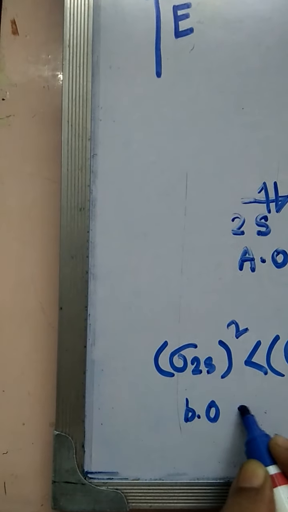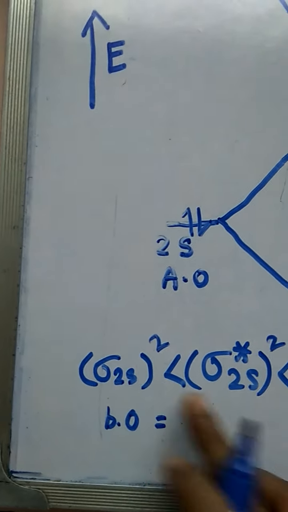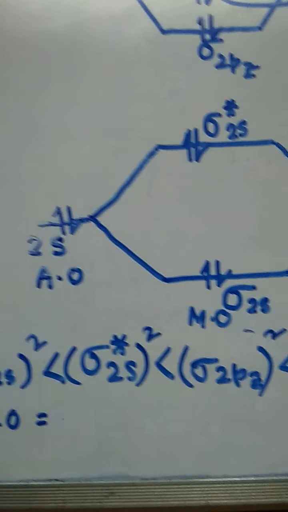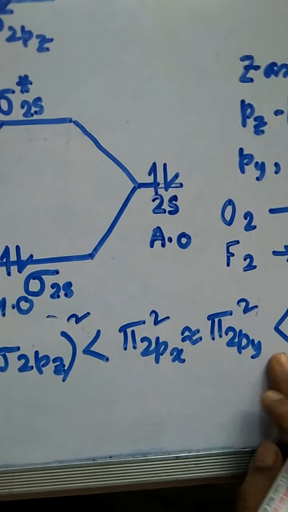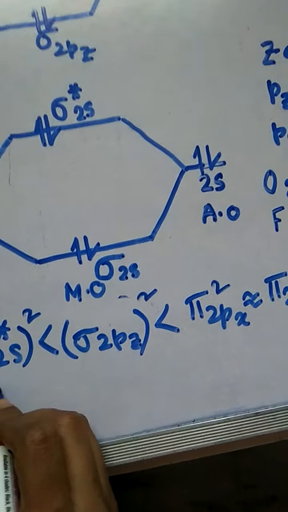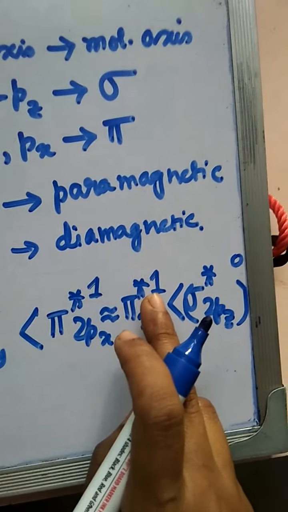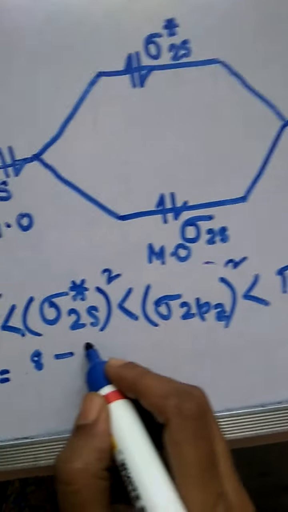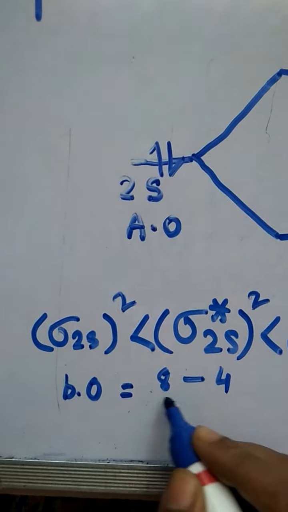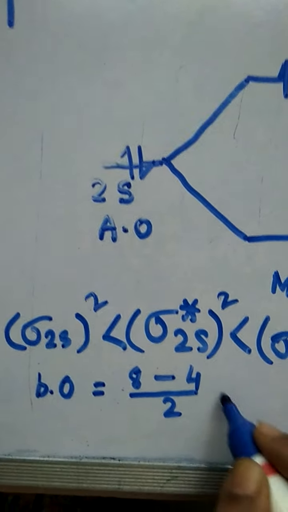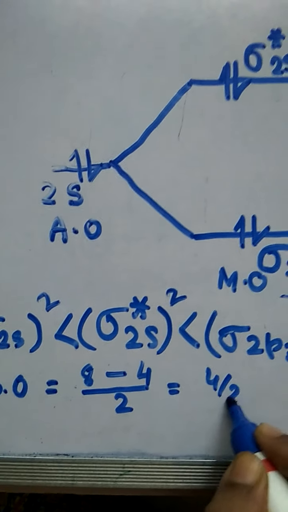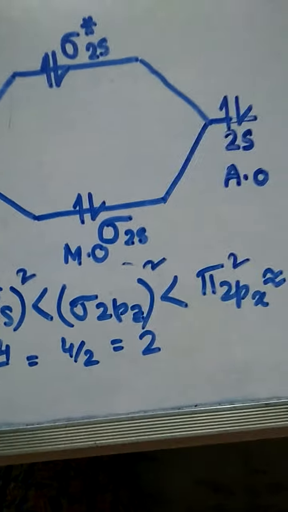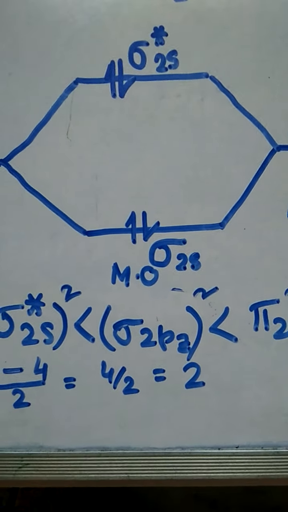Bond order for oxygen will be equal to 2, 4, 5, 6, 7, 8, 8 minus 2 in antibonding, and these 2 are also in antibonding. So 2 plus 2, 4. That means 8 minus 4 divided by 2, that is 4 by 2 equals 2. So bond order in oxygen is 2.